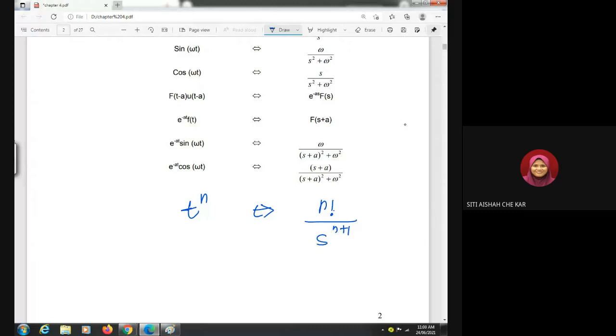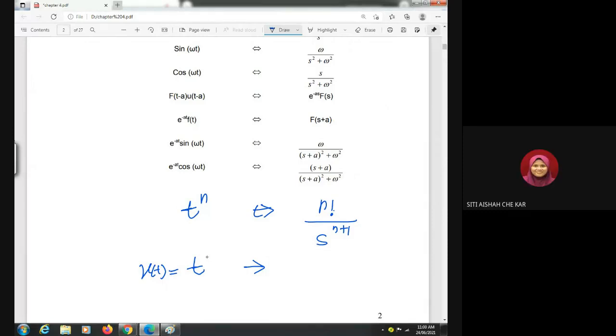Okay, I'll give an example of how you are going to use this one. Let's say you have to Laplace t. Your x(t) is equal to t. So what is your Laplace transform? You just use this formula. Here t is to the power of what? If there is no value, it is power of 1.